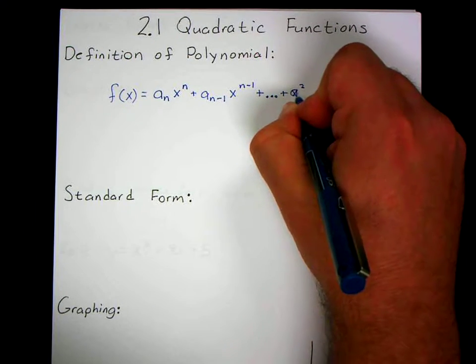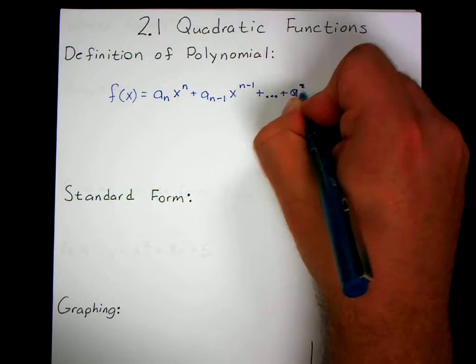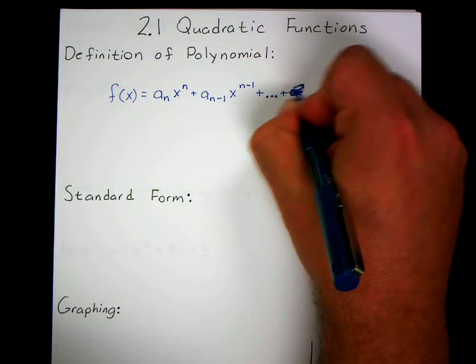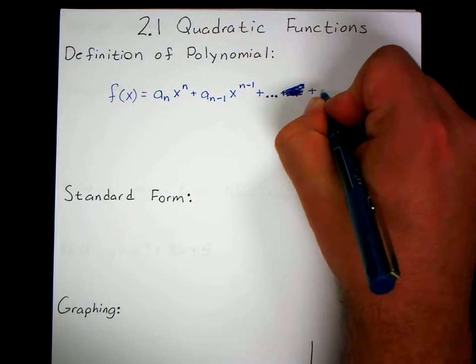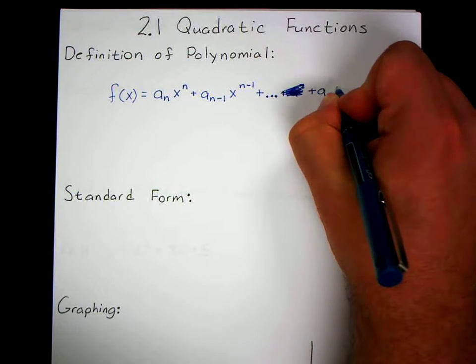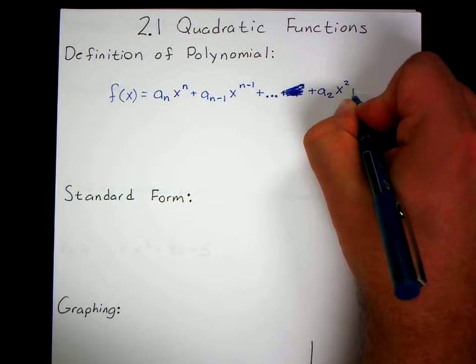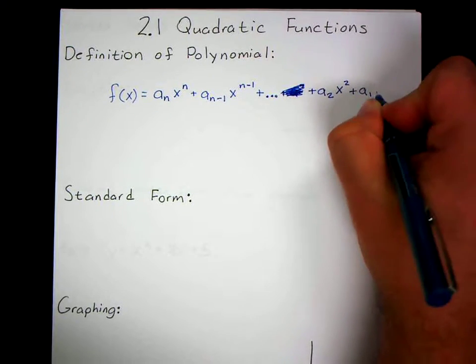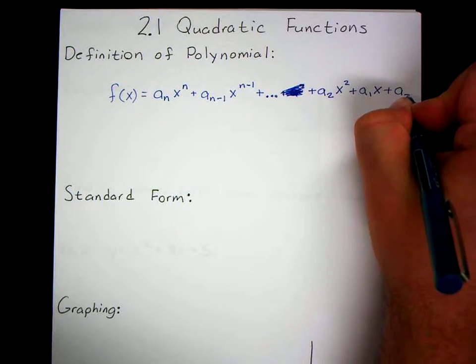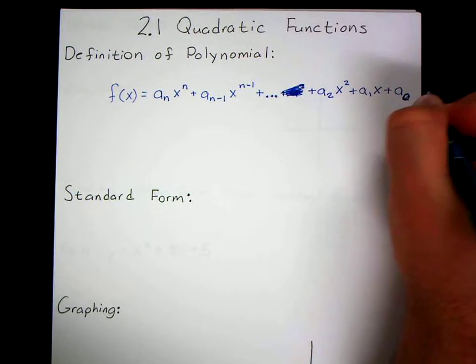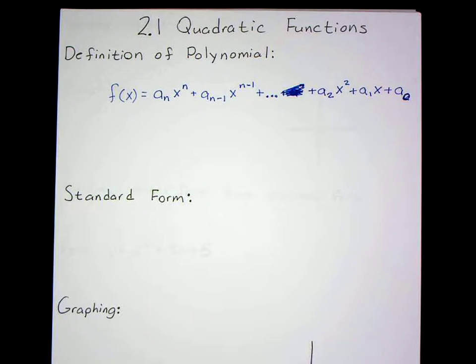That should be... Here, let's just get rid of that. There's your general form of a polynomial.